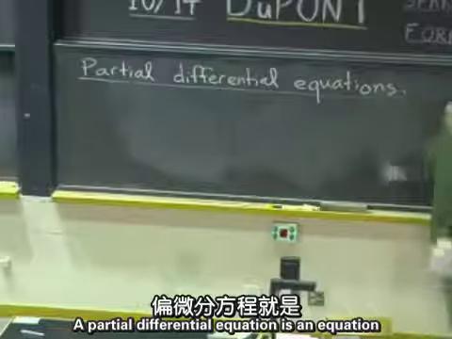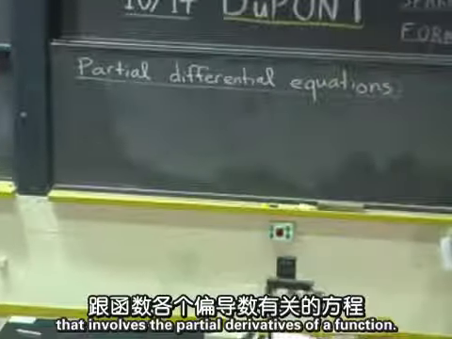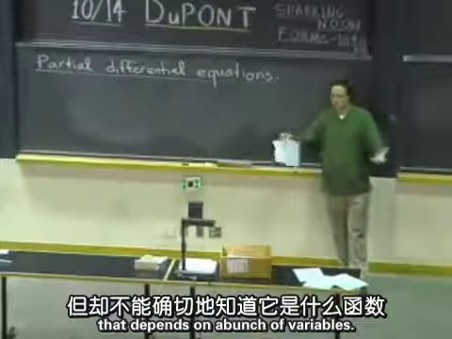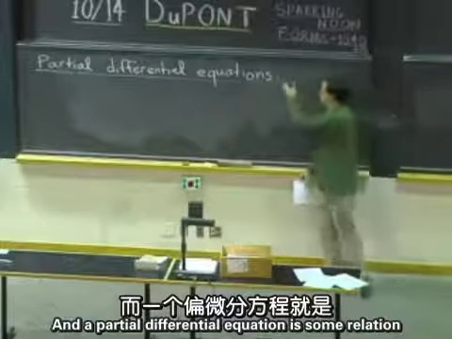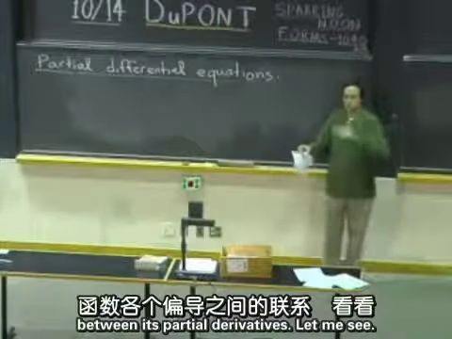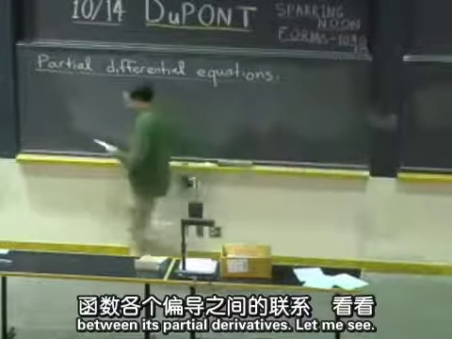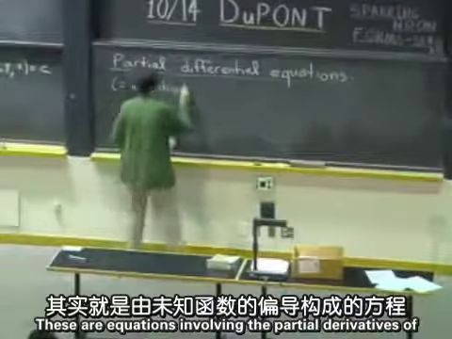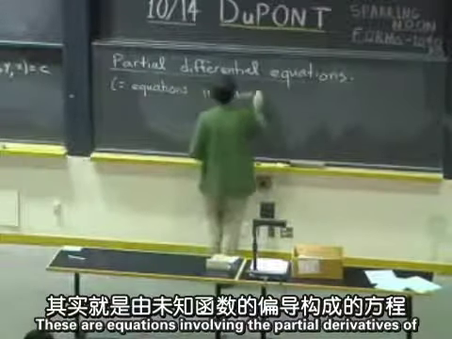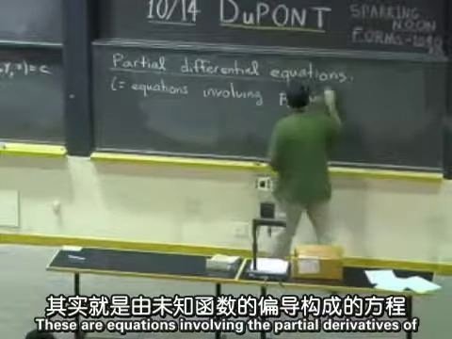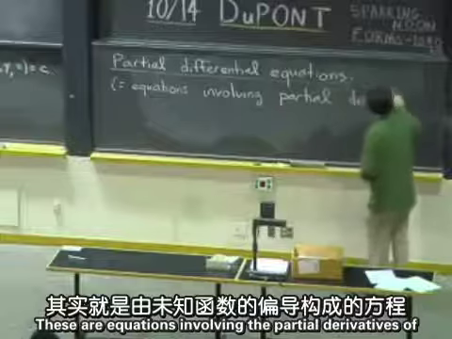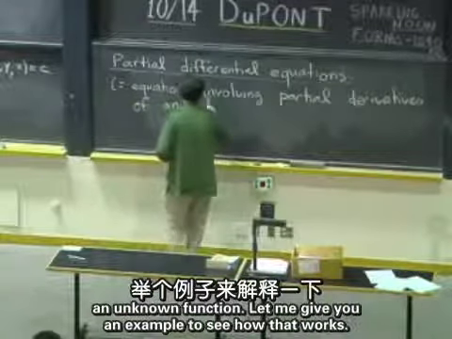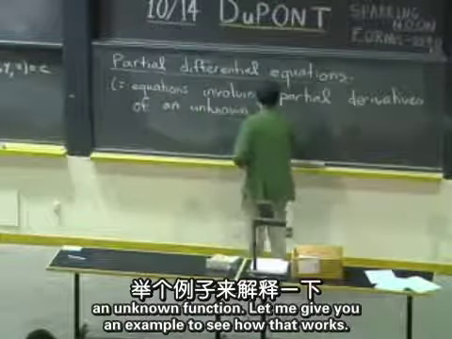So a partial differential equation is an equation that involves the partial derivatives of a function. Okay, so you have some unknown function that depends on a bunch of variables, and a partial differential equation is some relation between its partial derivatives. So let me say these are equations involving the partial derivatives of an unknown function.